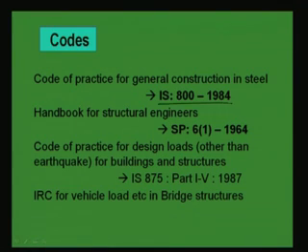This is a must: IS 800/1984, which will be the main code, that is Code of Practice for General Construction in Steel. This is the main code which we follow. This code is a must.